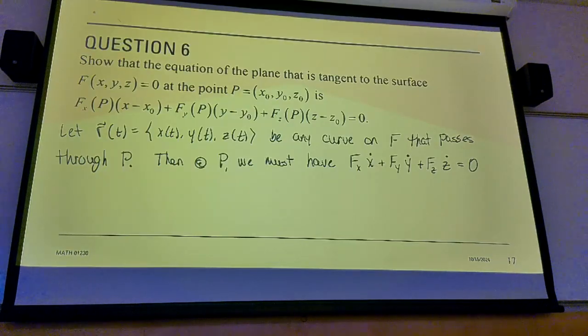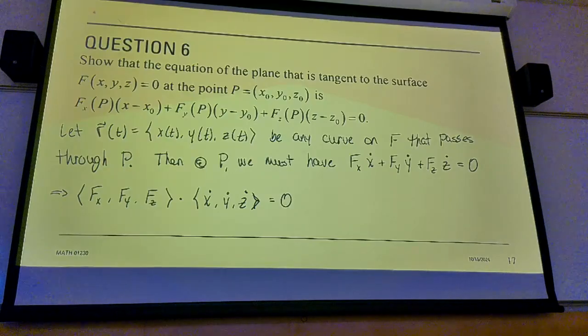But that means that dot product has to be 0. If the dot product is 0, then the two vectors are perpendicular.